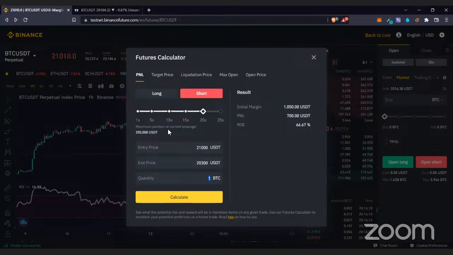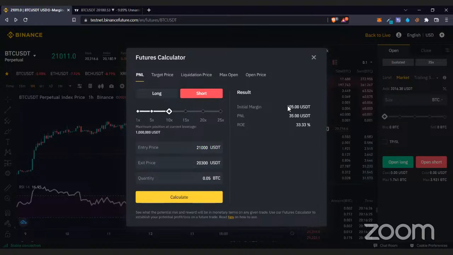If you don't want to trade up to 1 Bitcoin, if I come back to the 10x leverage again, all you need to do is to put in a smaller amount. Let's say we don't want to trade 1 Bitcoin. Let's say 0.5, for instance. How much would this be with 10x leverage?